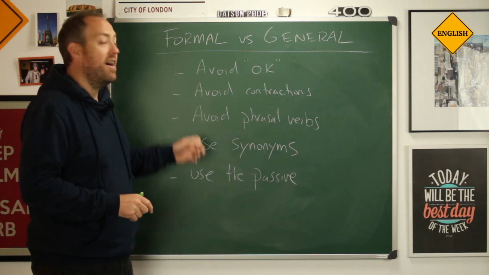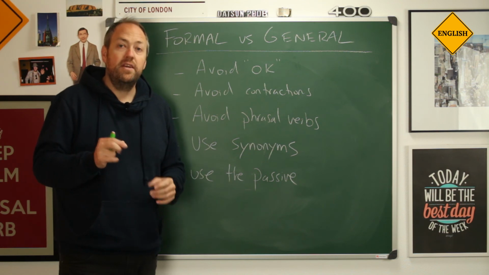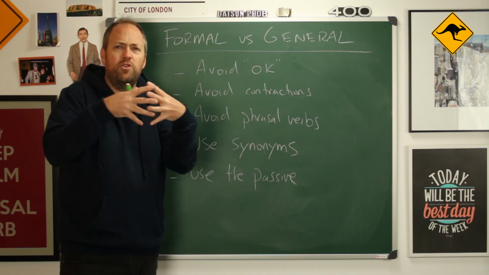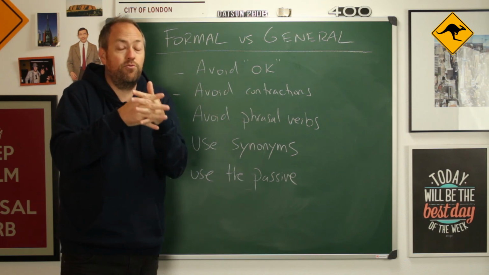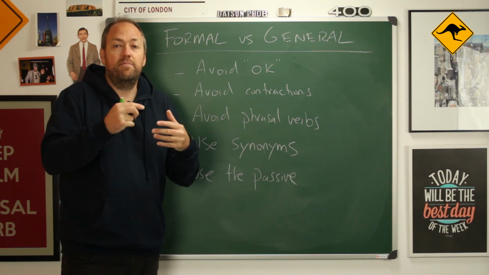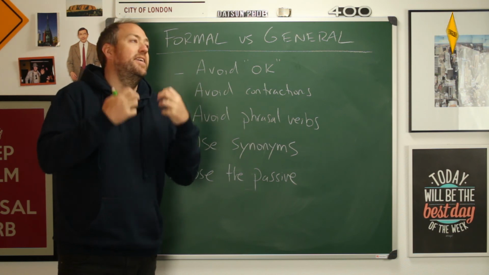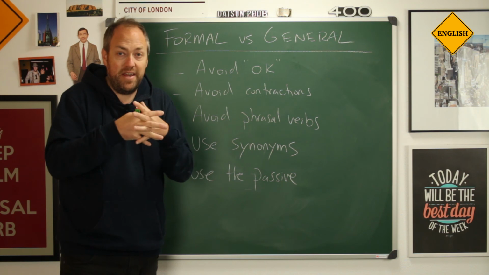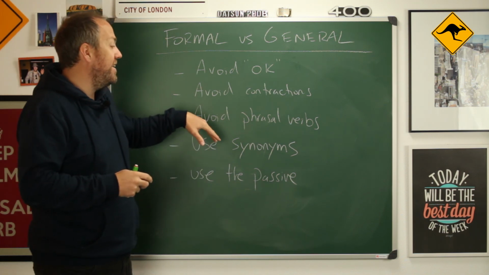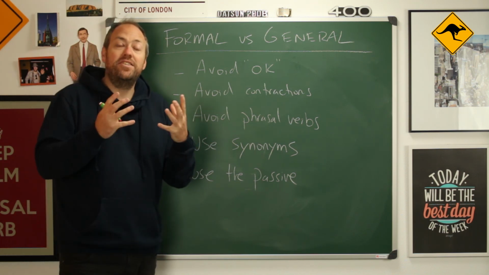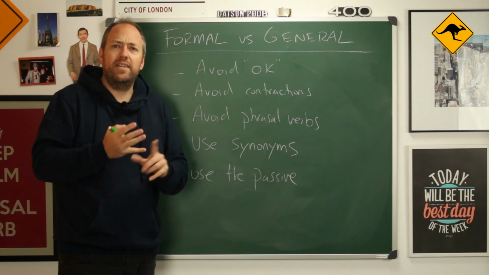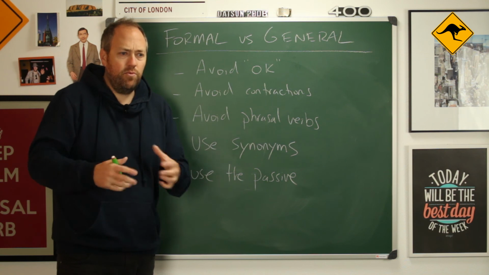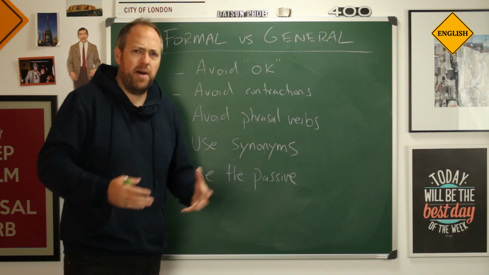The next thing is avoid phrasal verbs. So you may or may not know that English is a combination of lots of different language roots. Germanic, Anglo-Saxon, French, or all Latin, all mixed together. Okay? So traditionally in English, Latin was the language of science, of academia. And the Anglo-Saxon language was the language of the people, the farmers.